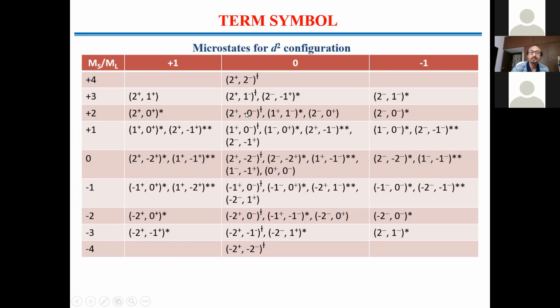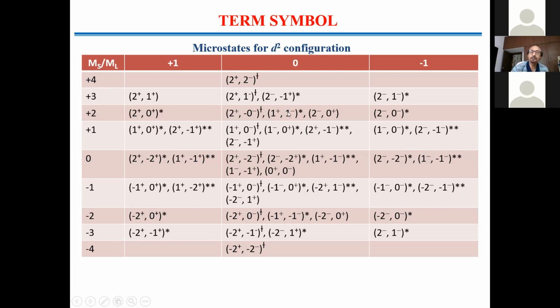Now you could have taken this one. That is also 2, right? 1 plus 1 is 2, and 2 plus 0 minus 0 is also 2, right? 2 plus minus 0 means L equal to 2, and 1 plus 1 is also L equal to 2. I have taken this one just to maintain some kind of harmony in the system.